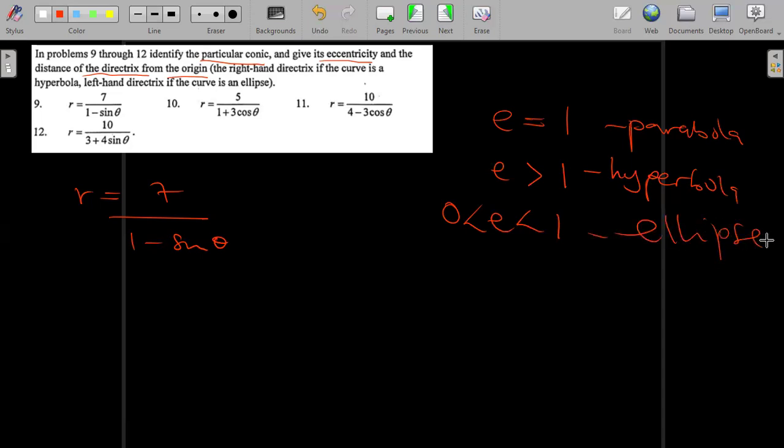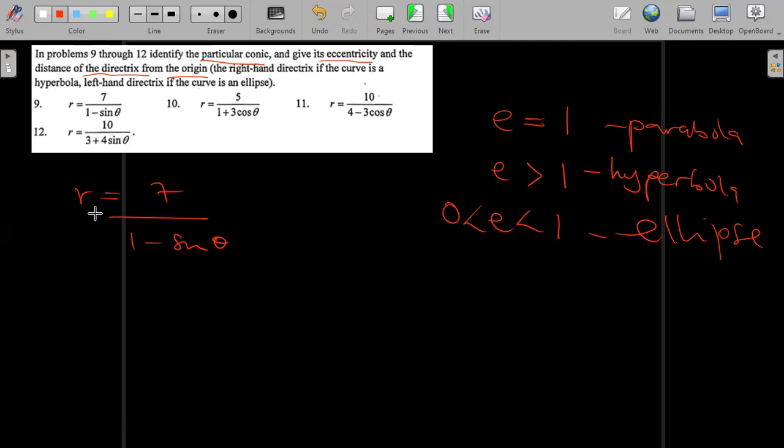So having that information, we can now easily identify what these conic sections are, and find exactly what we are looking for in those questions. So let's start with this one.